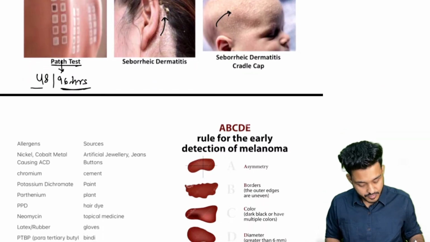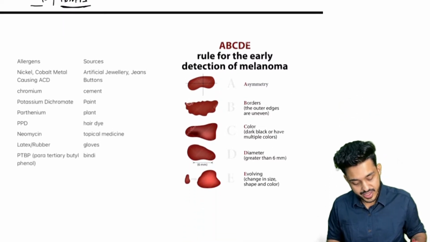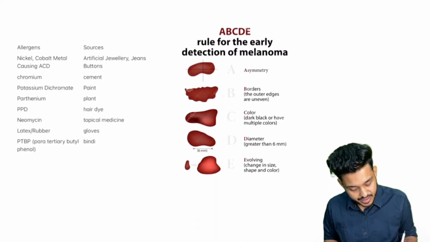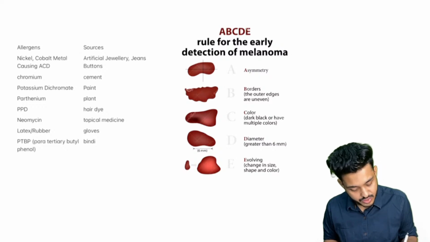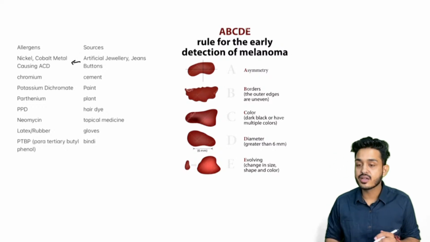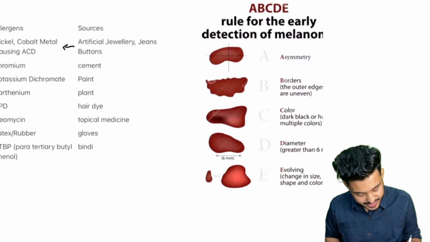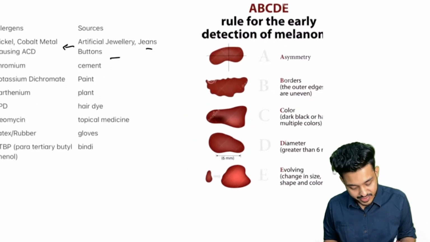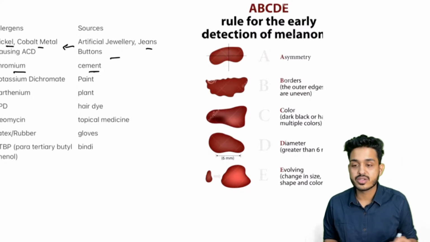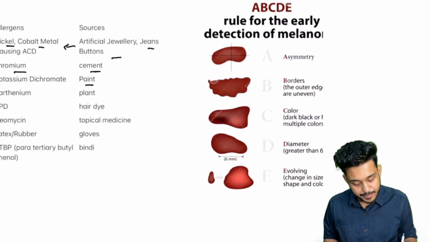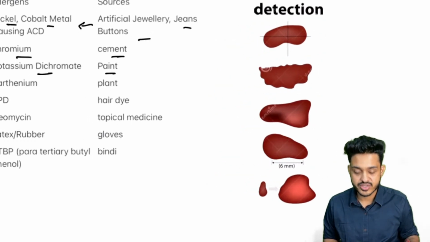Okay, so these are certain important allergens and sources that are causing dermatitis. In artificial jewelry and jeans buttons, we are having nickel, cobalt. Okay, in cement we are having potassium dichromate or chromium. In paint we are also having potassium dichromate.